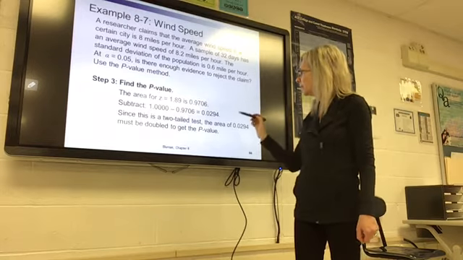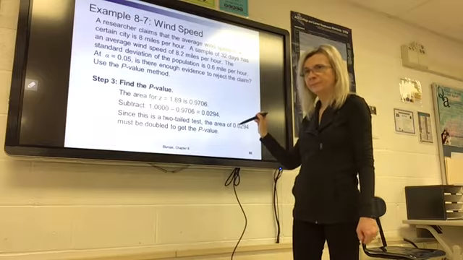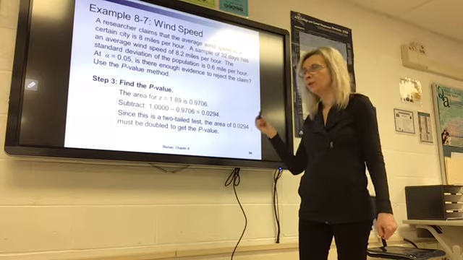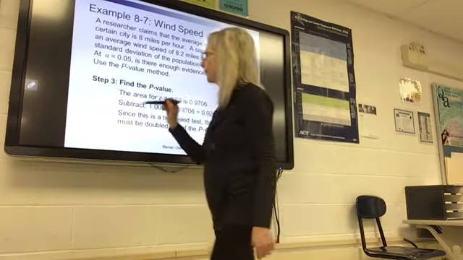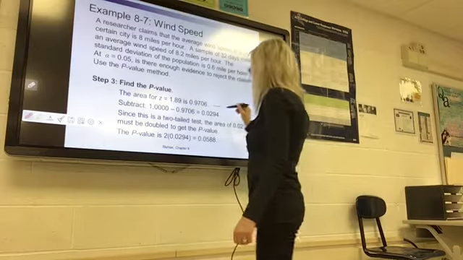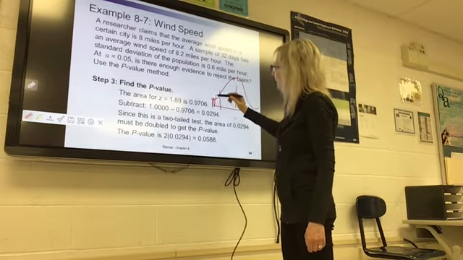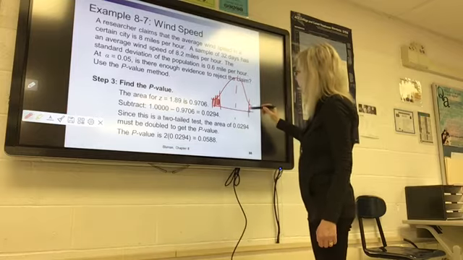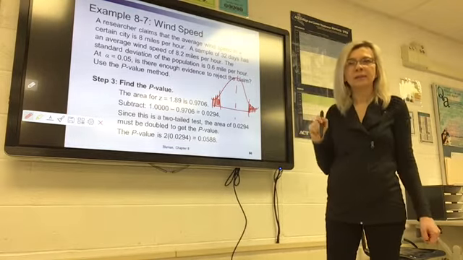Because this is one tail, to get the actual p-value, we have to multiply by 2, because again, let me draw a picture. Not equal makes it a two-tailed test.